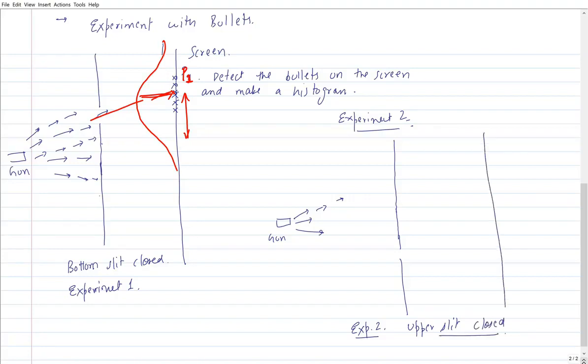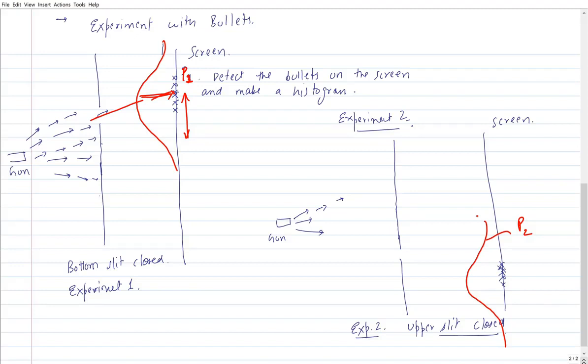And again I have a screen to receive my bullets, and as you can guess, once I collect the bullets, click, click, click, I make a histogram and I get the probability distribution. Well, there's a sort of a symmetry. It's just going to be another probability distribution P2 peaked at a particular point over here. So this is P1 and P2.